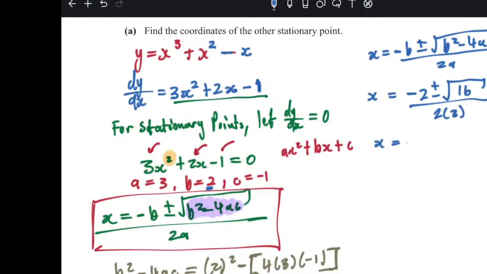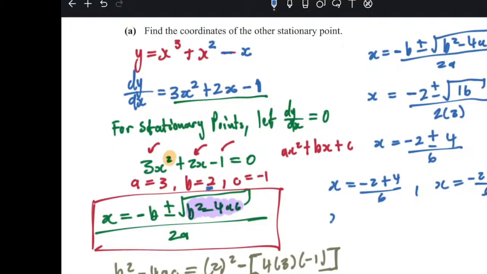x will be equal to minus 2 plus or minus the square root of 16, which is 4, so plus or minus 4 all over 6. Which means x is equal to minus 2 plus 4 over 6, or x is equal to minus 2 minus 4 over 6.